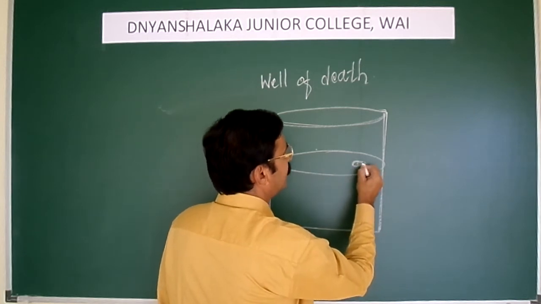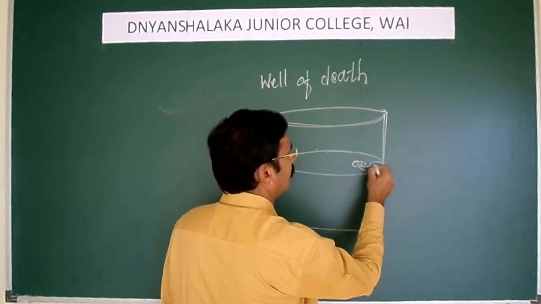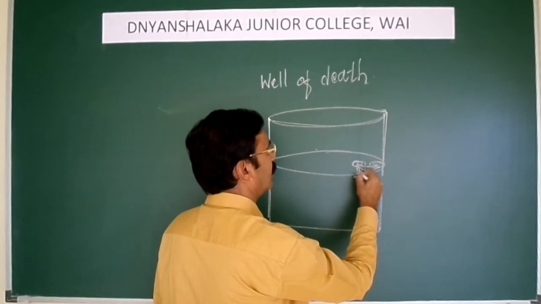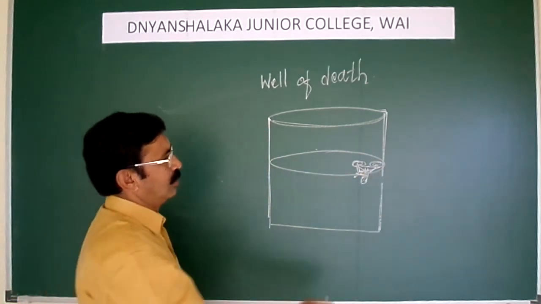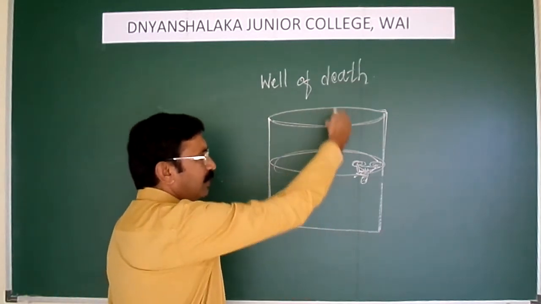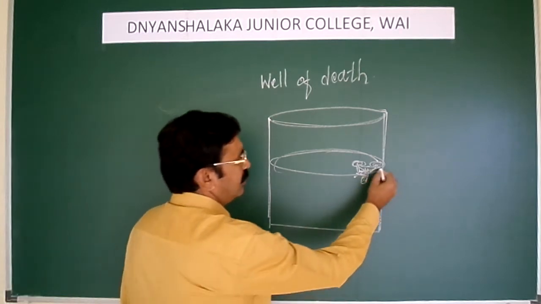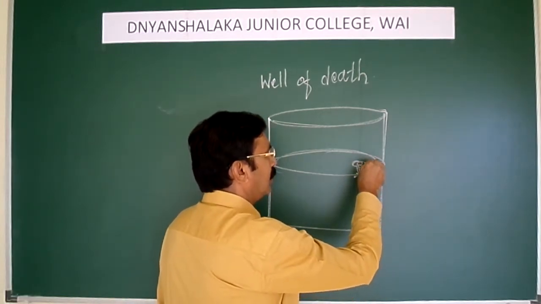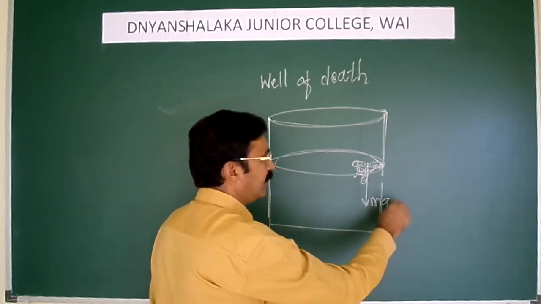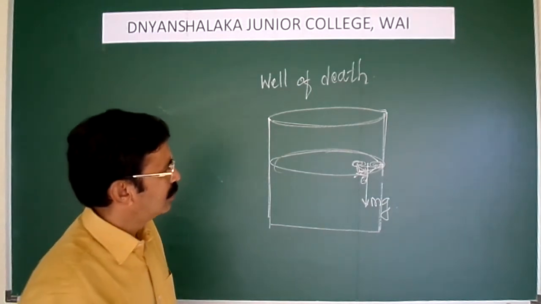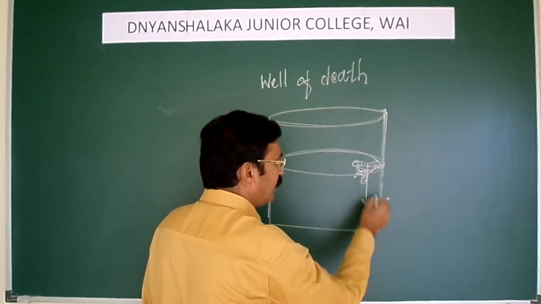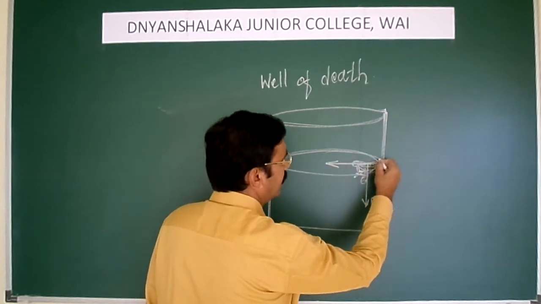So when he rides his motorcycle, the forces act on him: the weight will be acting in the vertically downward direction, mg. Normal reaction will be normal to the vertical wall, and so it will be directed inward.